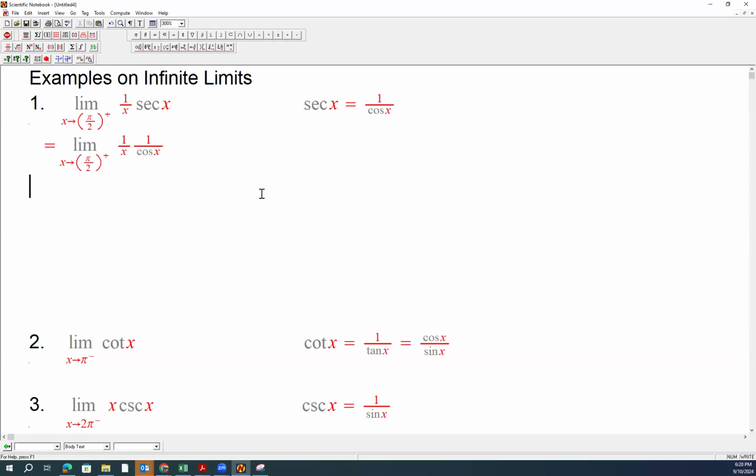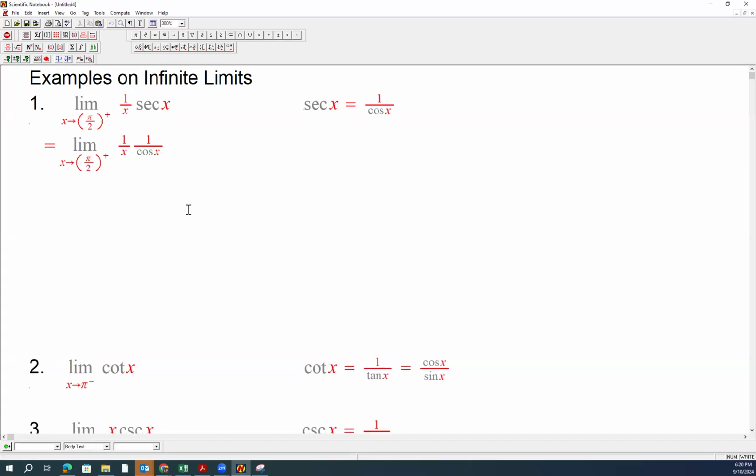Let's draw a picture. I'm going to draw the most basic picture. I'm not even going to draw the cosine curve. So y equals 0.